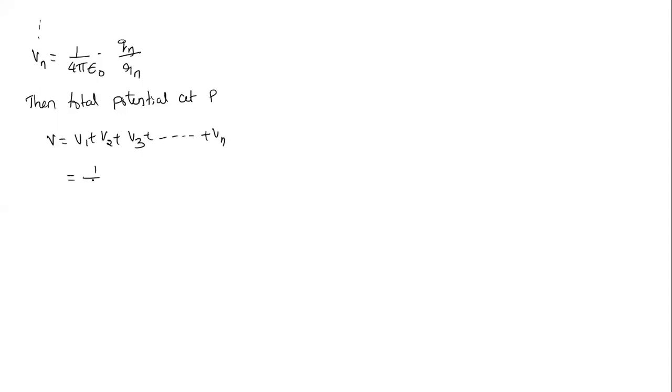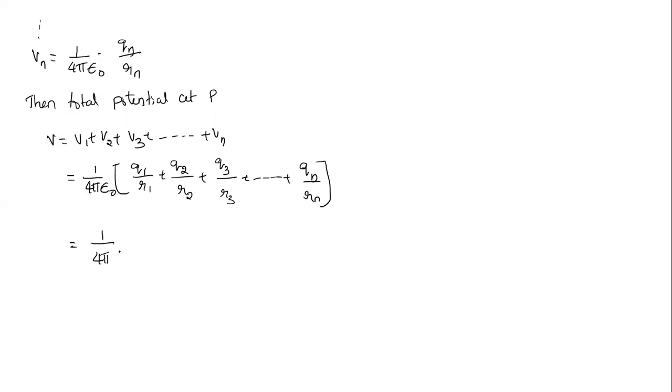Taking the common factor, 1 divided by 4 pi epsilon naught times Q1 by R1 plus Q2 by R2 plus Q3 by R3 plus so on plus Qn by Rn. Mathematically, this is written as 1 by 4 pi epsilon naught using a summation from i equal to 1 to n of Qi by Ri.